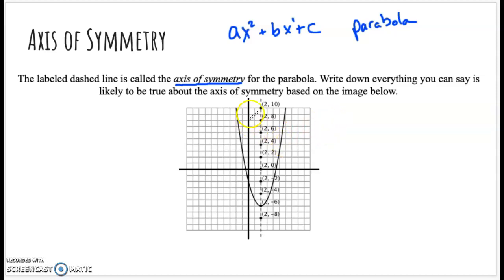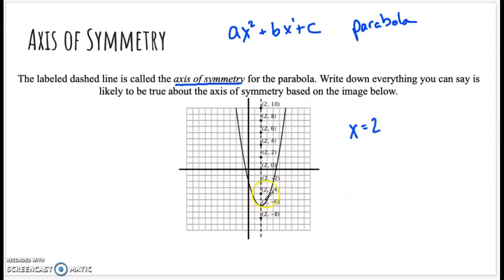So, for example, you may notice the axis of symmetry is chopping this parabola in half vertically. And you may notice that all of the x coordinates on this axis of symmetry are all 2. So the equation for this axis of symmetry would just be x equals 2.